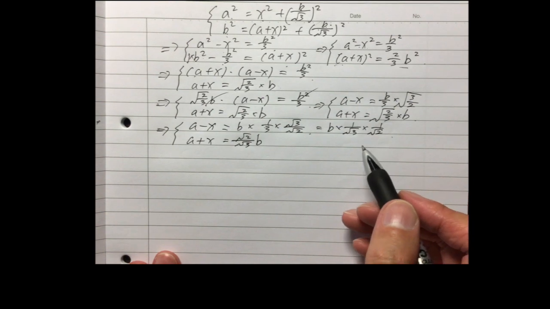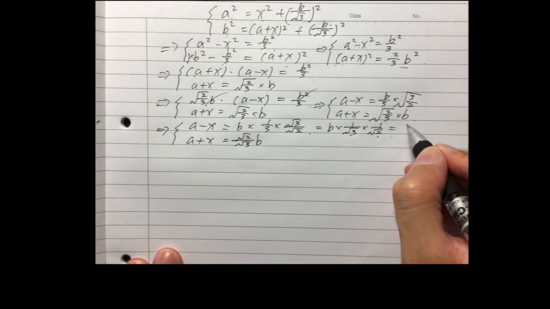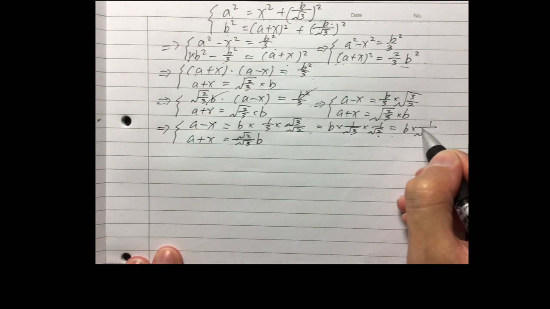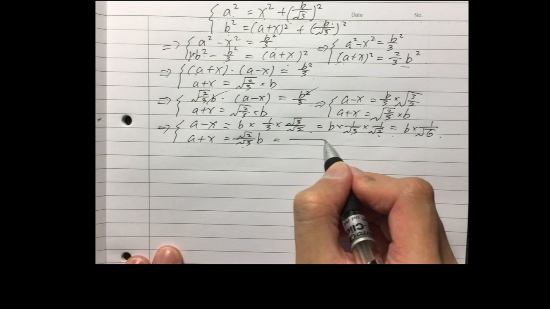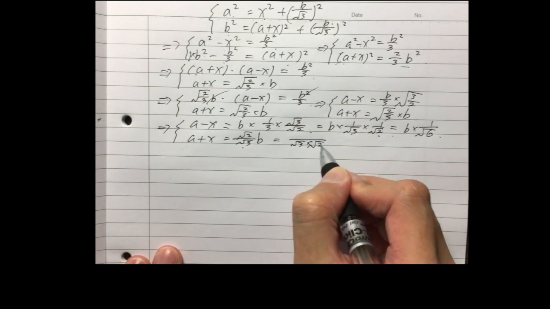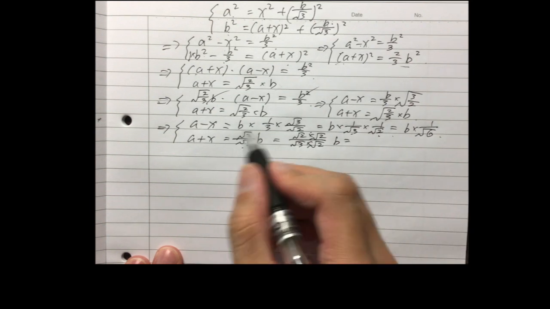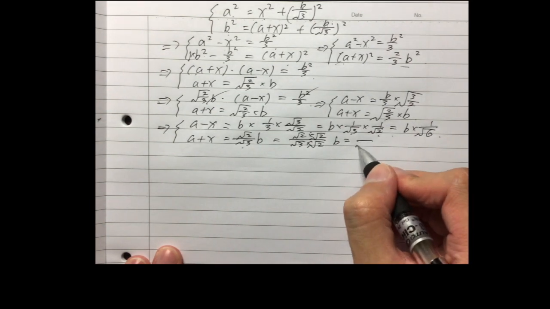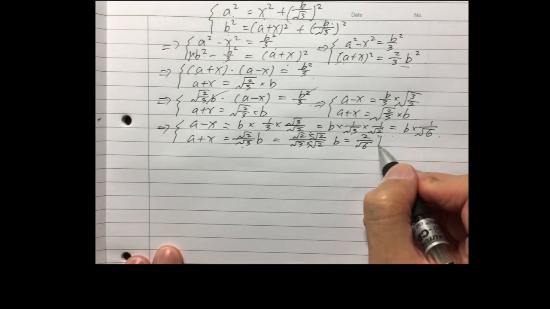And furthermore, we combine this into b times 1 over square root 6, right? And we multiply square root 2 to both denominator and numerator. So we got square root 6 at the bottom, and above we got 2, right, times b.